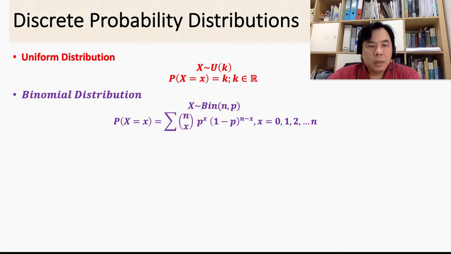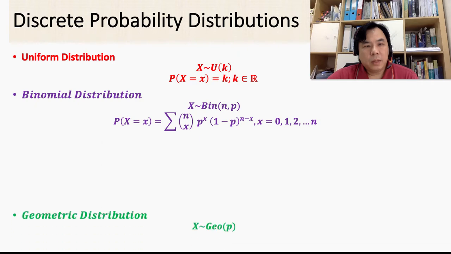Its individual probability calculation is given by this formula here, where n is the number of trials, p is the probability of success, and 1 minus p is the probability of failure.